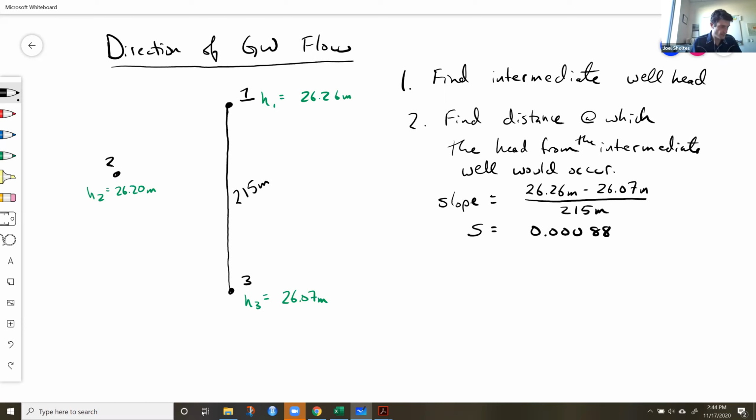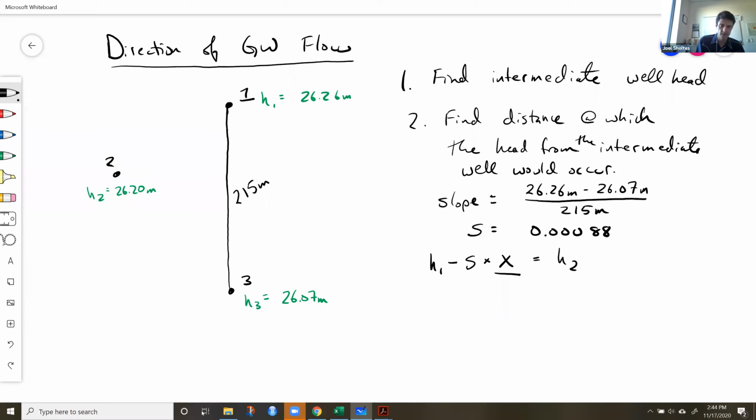I never remember the linear interpolation equation, so we just do it like a word problem. If we want to find H2 along this line, what we need to do is say H1 minus our slope, because it's sloping down this way, times some number, the distance that we want to find, is going to be equal to H2, which is 26.20. So this is the equation we have to solve for linear interpolation.